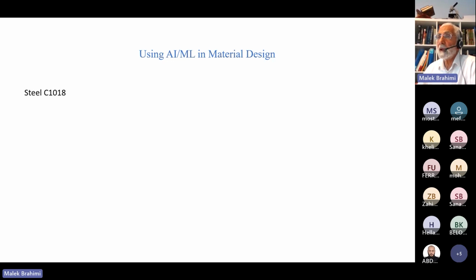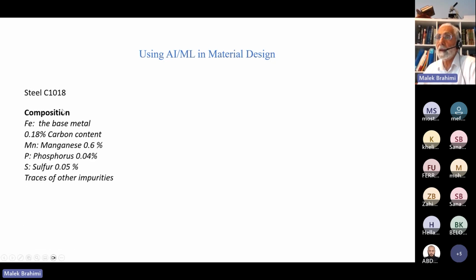So let's say I have one type of material which is steel C1018. هذا أحد أنواع الحديد. This C1018 has a composition, it's composed of Fe. Fe is the iron. يعني هناك فرق بين الستيل والiron. Iron is an element in the periodic table.